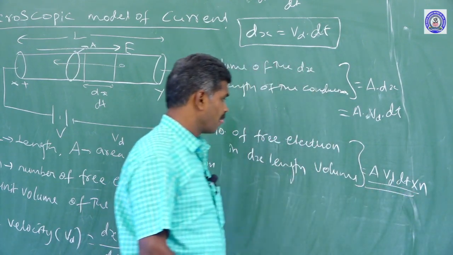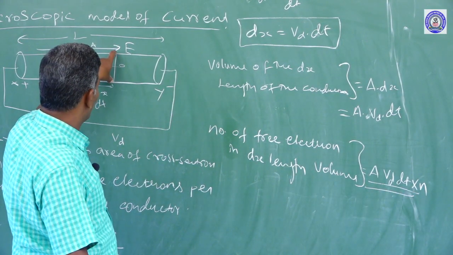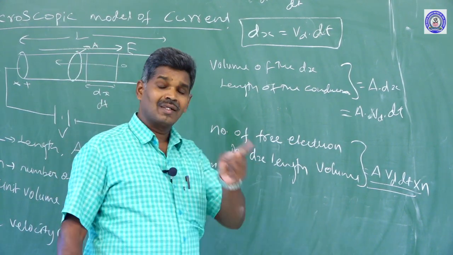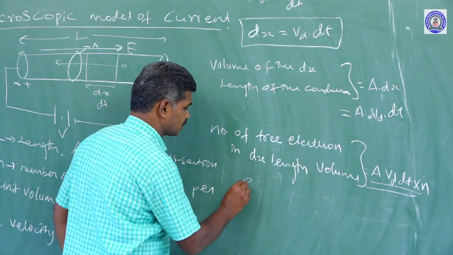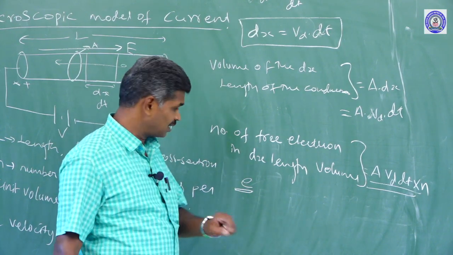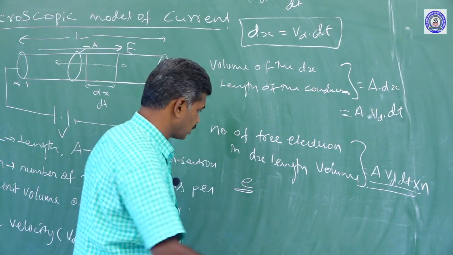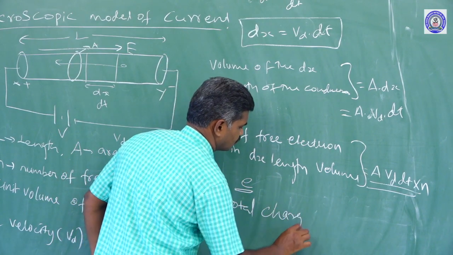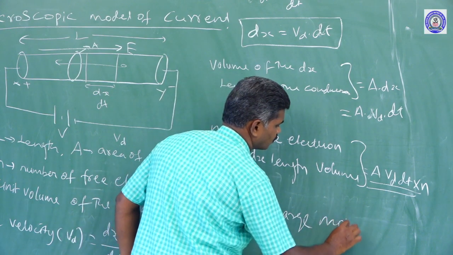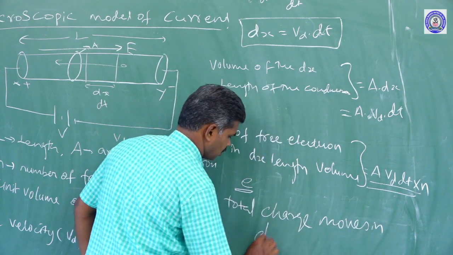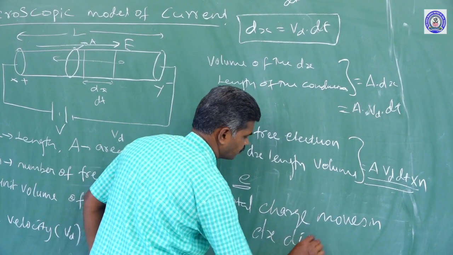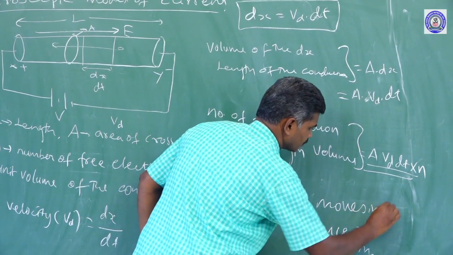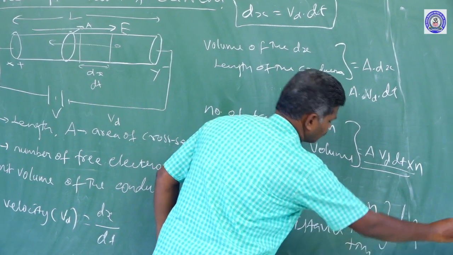This number of electrons moves from one end to the other end through that dx distance, and each and every electron's charge is e. So the total charge that moves in the dx distance in a time dt can be considered as dq.